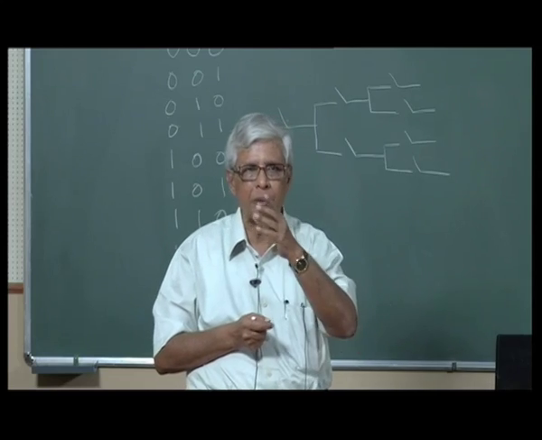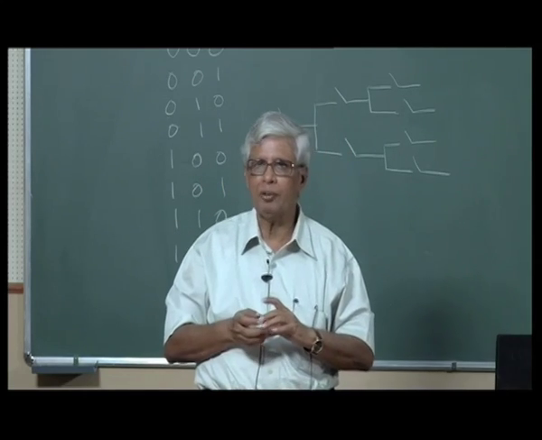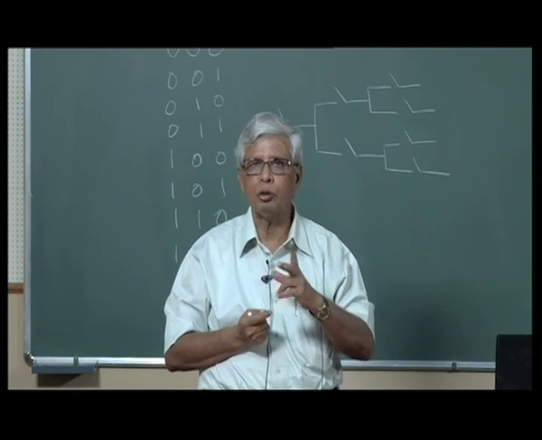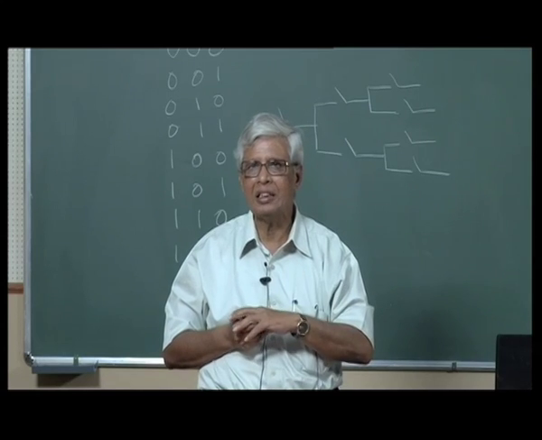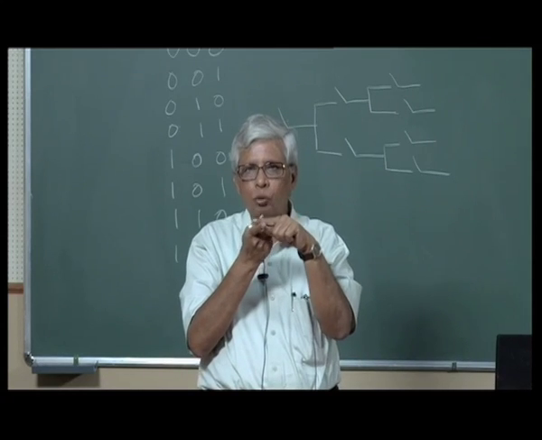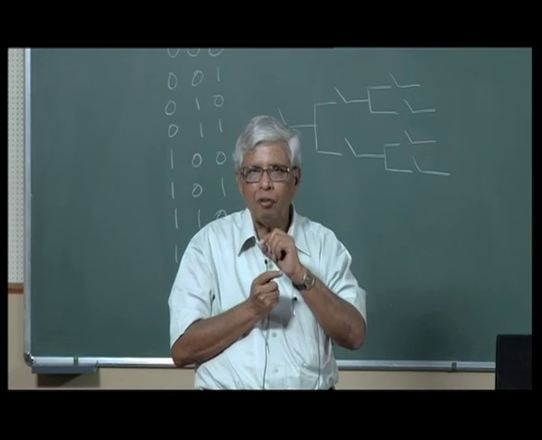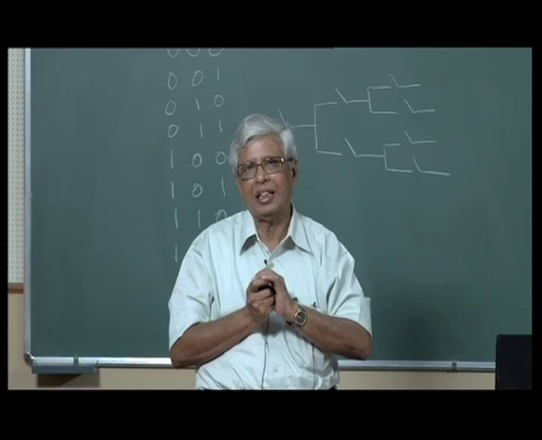Supposing I can have, somebody was asking about 10 power 12 or something, I mean 2 power 10. 2 power 10 is 1024 levels. If you want to divide 1 volt into 1024 levels, each level will be very small. And what parameters are you going to measure with that?